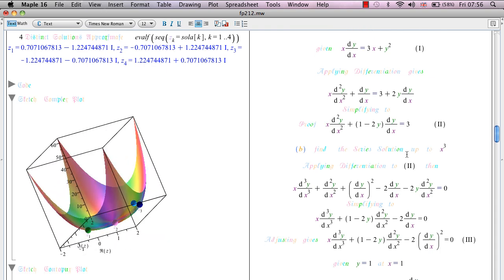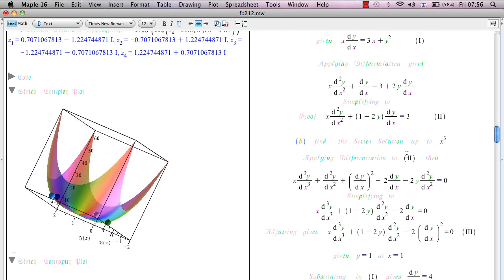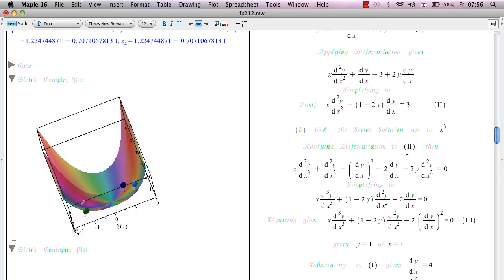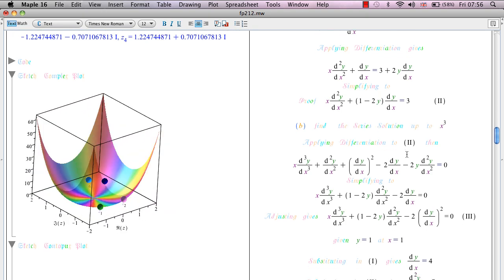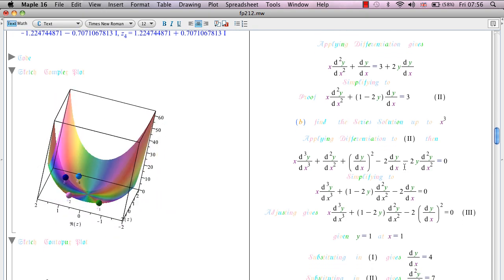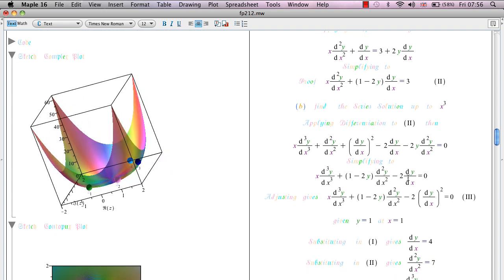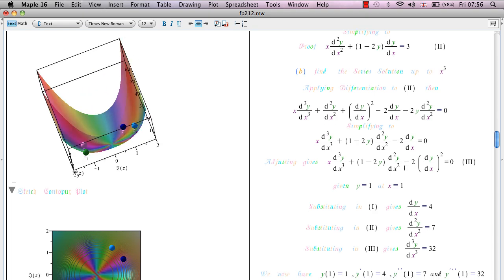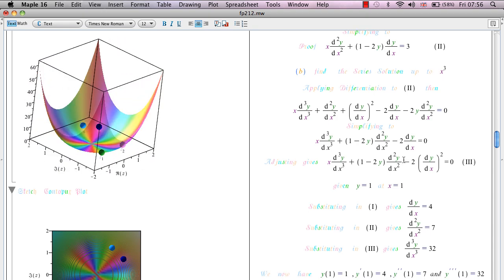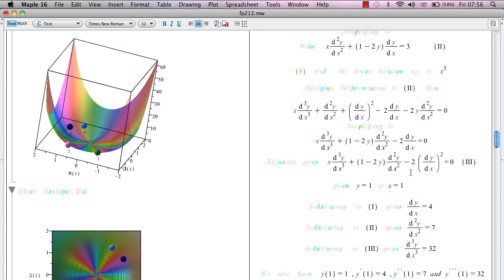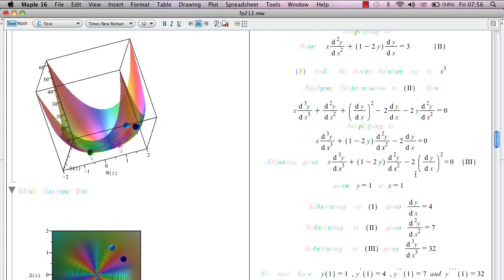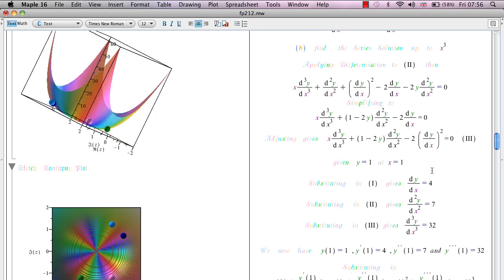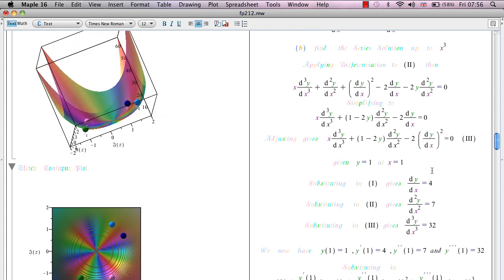So for the series solution 2x cubed, applying differentiation again to 2 and simplifying to here, and then considering minus 2 dy dx can be written as minus 2 dy dx squared, gives equation 3.